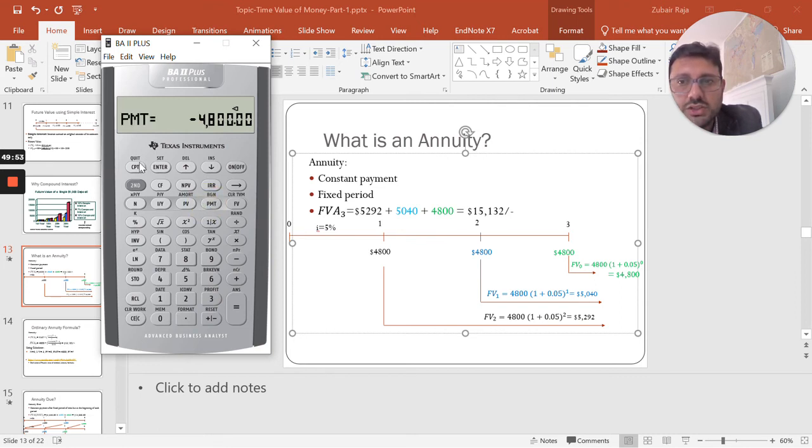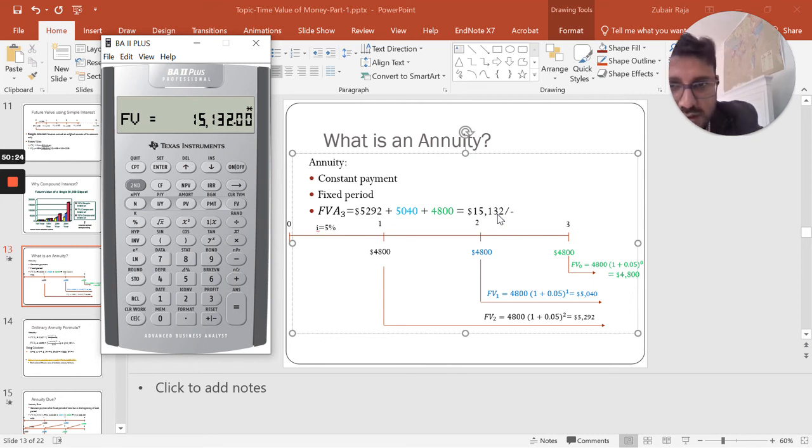And now you need to compute the future value. Compute, CPT. Can you see that? I got the same 15,132. Also, if your payment is minus, your future value will always be positive. Logically, if you are foregoing the consumption, you're not able to use your cash flow, then in the future, when the lump sum payment comes, which is $15,132 in this case, you will be able to use that money.